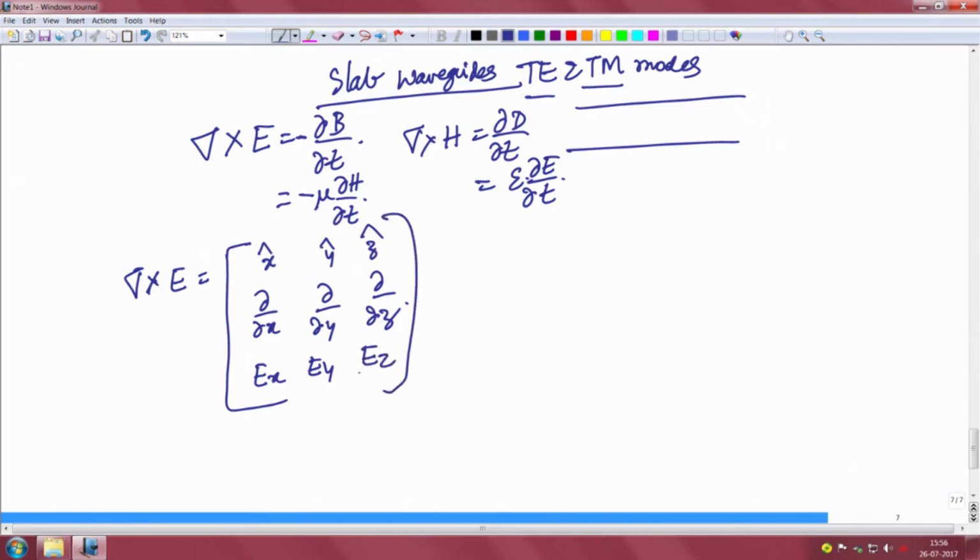This is how we can evaluate del cross E, and we get x component into dEz by dy minus dEy by dz.